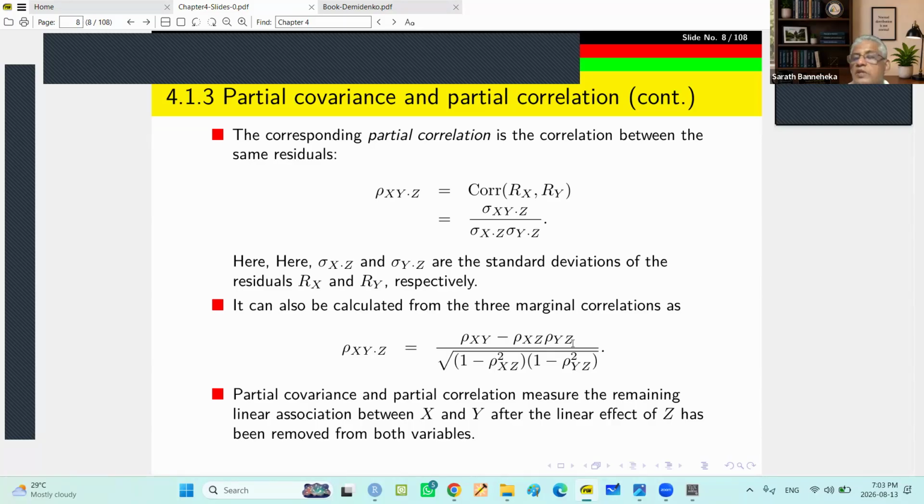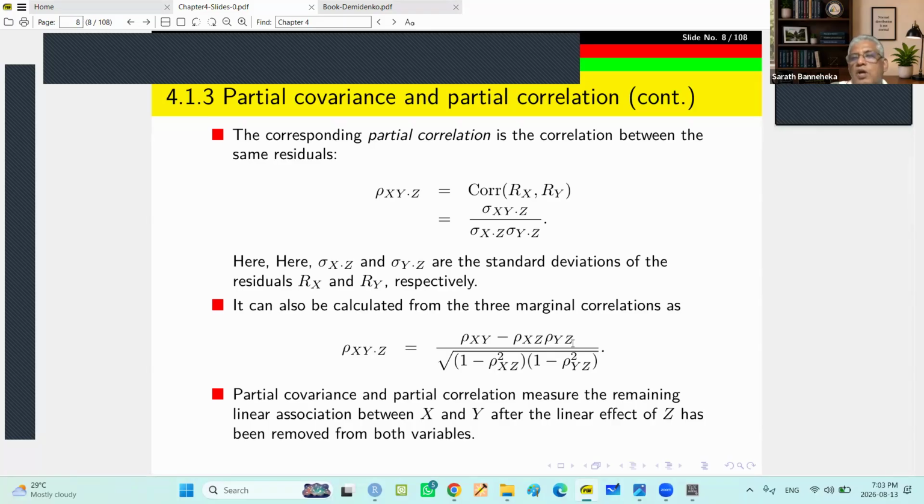So the partial covariance and partial correlation measure the remaining linear association between x and y after the linear effect of z has been removed from both variables. For example, there can be a situation where x and y both depend on z and some other variables.